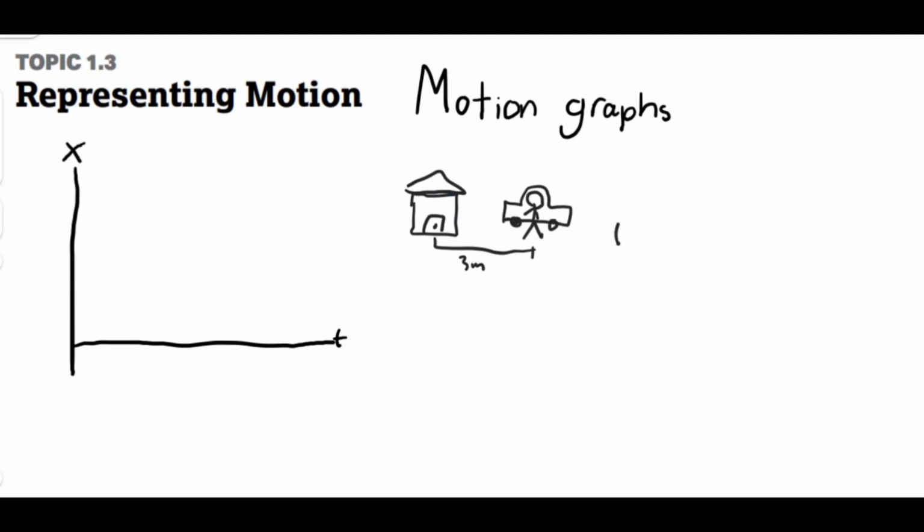And then you're going to walk to your mailbox, which is 2 meters away from where you are, so a total of 5 meters away from your house. And you're going to walk there in 2 seconds. Then you're going to stop and check your mail for 5 seconds. And then you're going to go all the way back to your house in 6 seconds. So this is a little pictorial description of that motion.